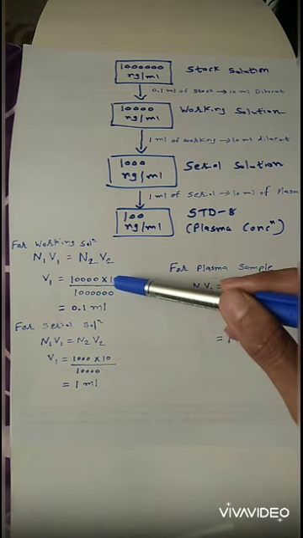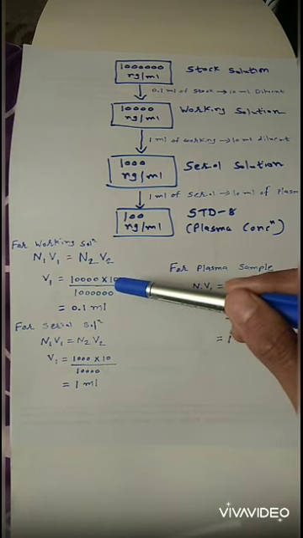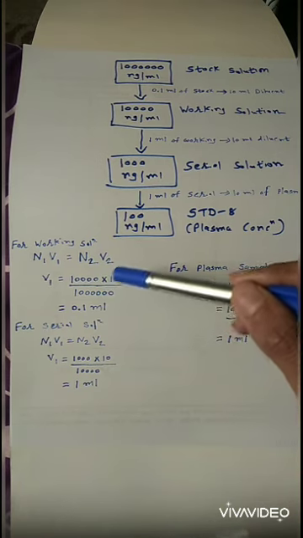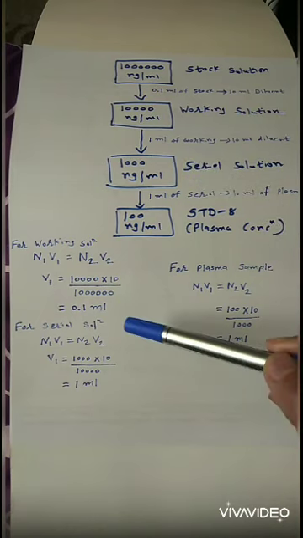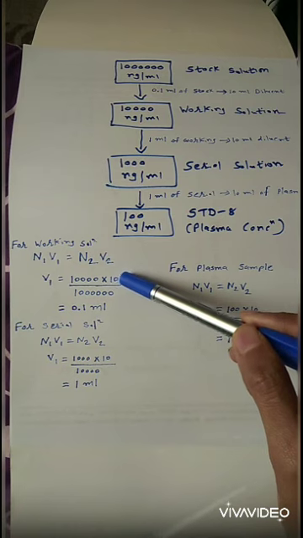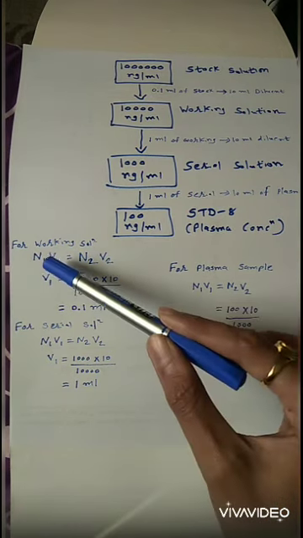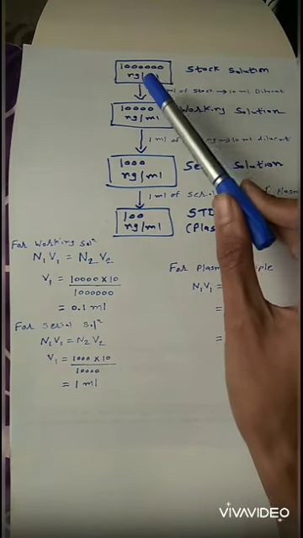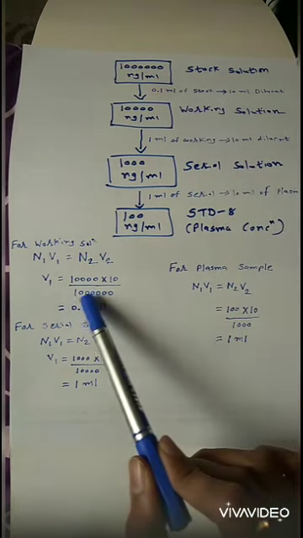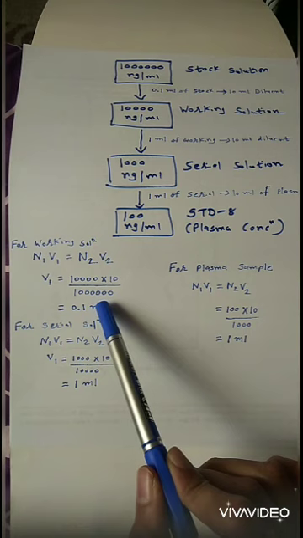Then V2 means volume. How much volume of working solution do we need? We can say that we need 10 ml. So here we will put 10 ml. And N1 means our initial concentration of stock solution, which is 1 million nanogram per ml. So here we will keep 1 million nanogram.